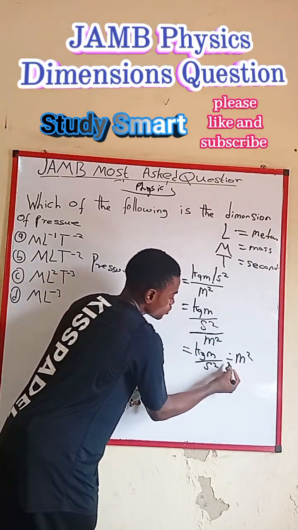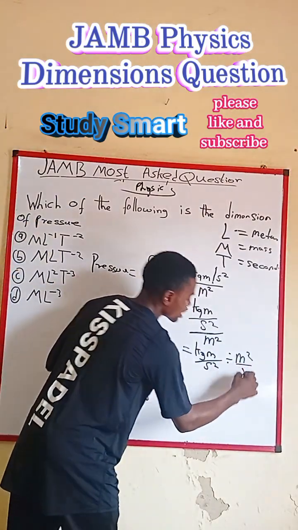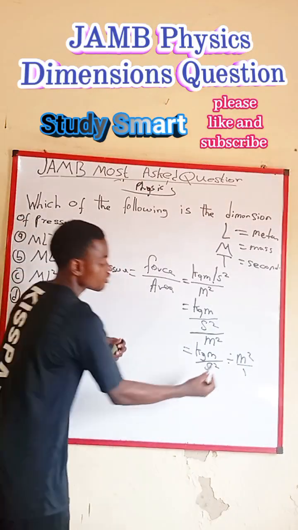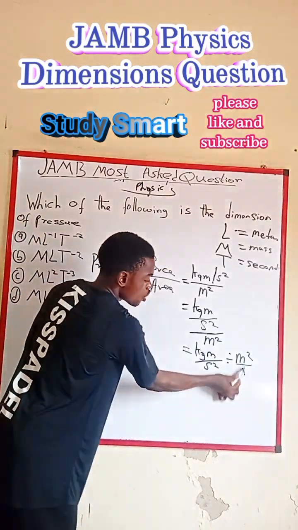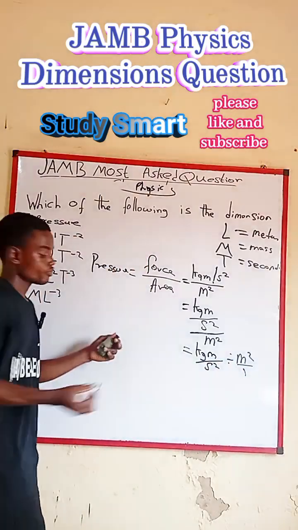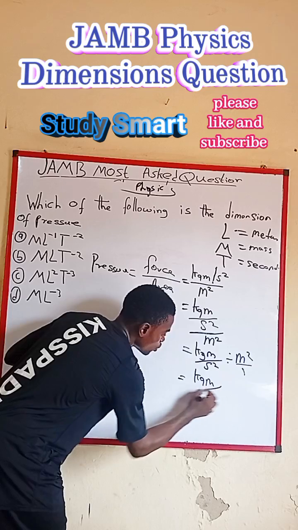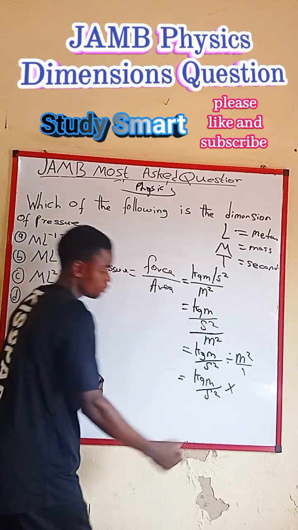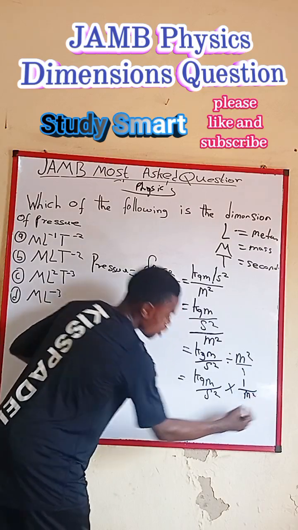That is, this sign becomes division. It's still going to be the same thing. Now, according to mathematics, I can change it to multiplication: this will come up and this will go down. This is further equal to kilogram meter over second squared, now multiplied by 1 over m squared, which comes down.